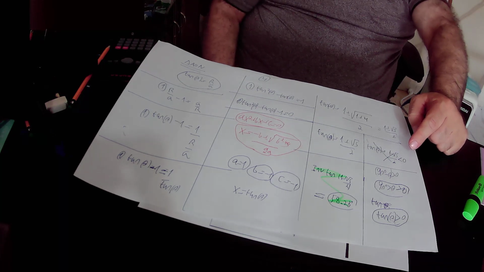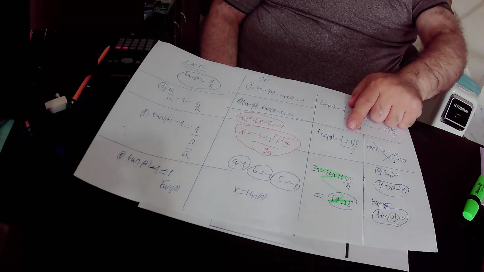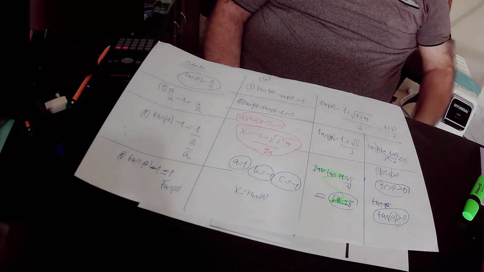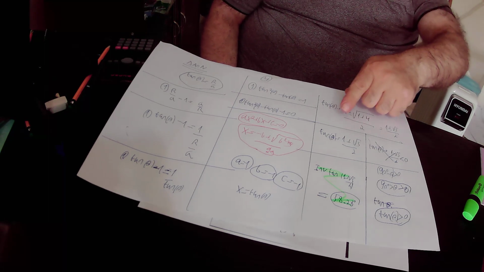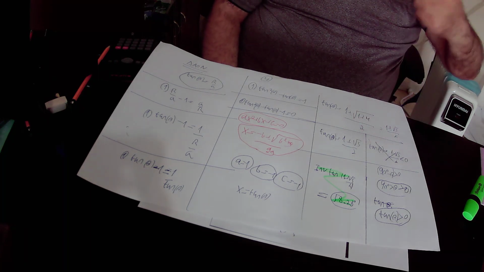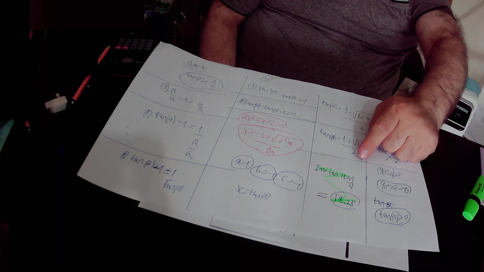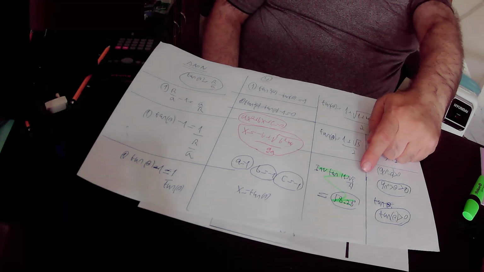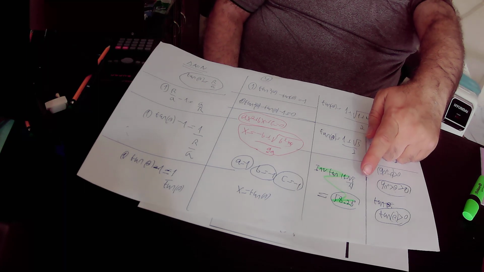We cancel this solution and are left only with tangent theta equals 1 plus the square root of 5 over 2. We apply the inverse tangent function to this result, and we find that angle theta equals 58.28 degrees.